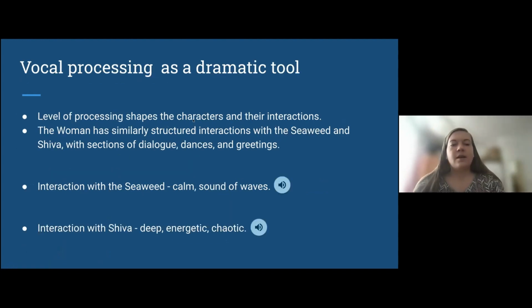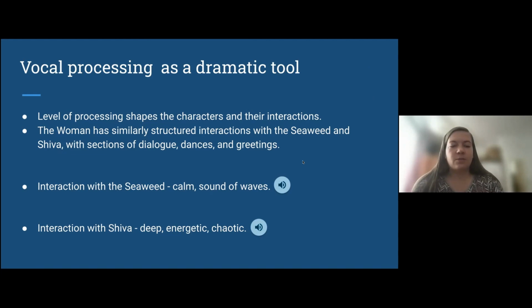All right. So in terms of vocal processing, as I said before, the level of processing shapes the narrative, so the characters and their interactions. The woman goes through similarly structured interactions with the seaweed and Shiva, with sections of dialogue, dances, and greetings. In the woman's interaction with the seaweed, they are both very calm, and we have the sound of waves in the background, which gives a kind of sonic image of the seaside.